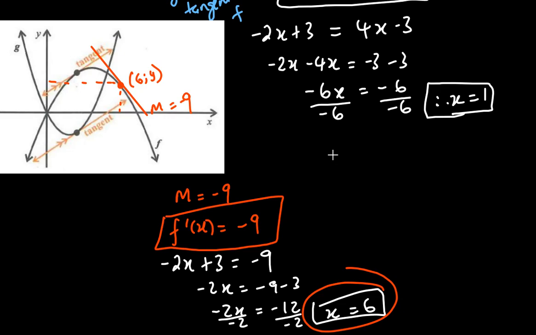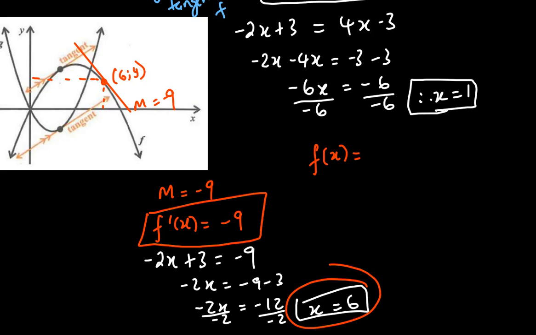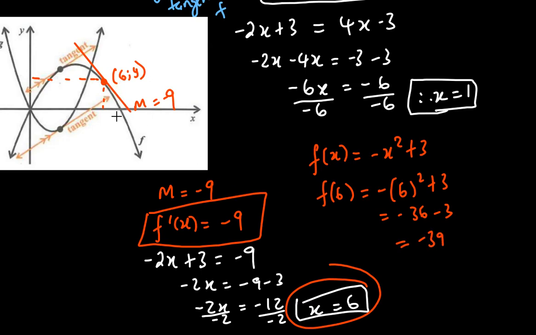So what is the equation of f? f at x is equal to negative x squared plus 3. When x is 6, the y value will be negative 6 squared plus 3, which is negative 36 plus 3, which is negative 33. So at that point the y value is negative 39.